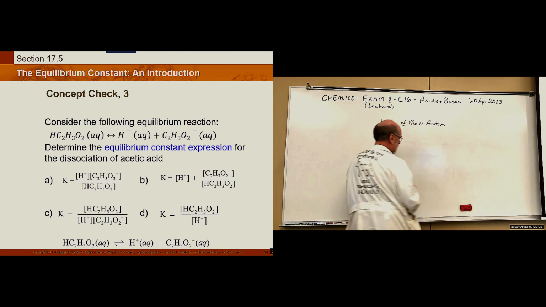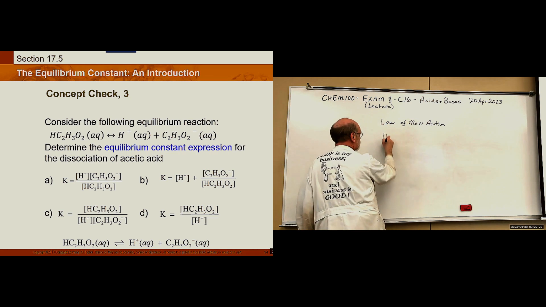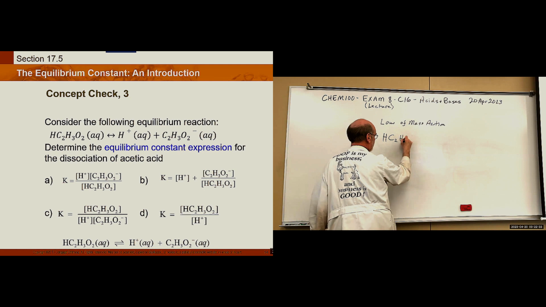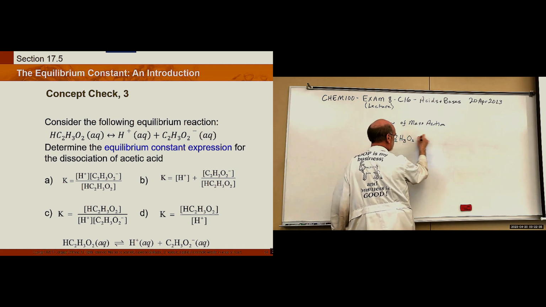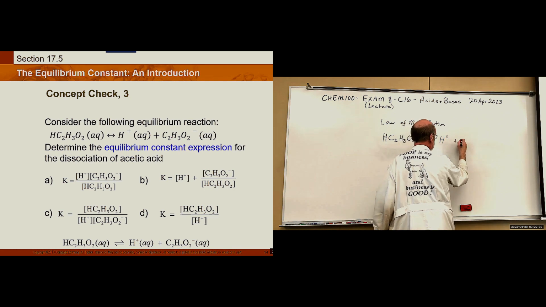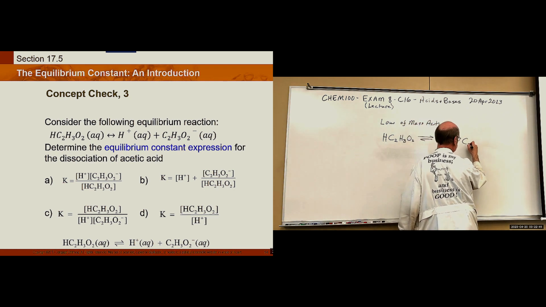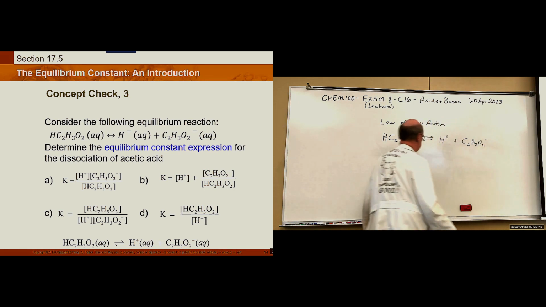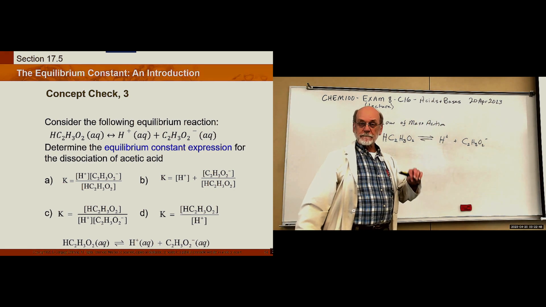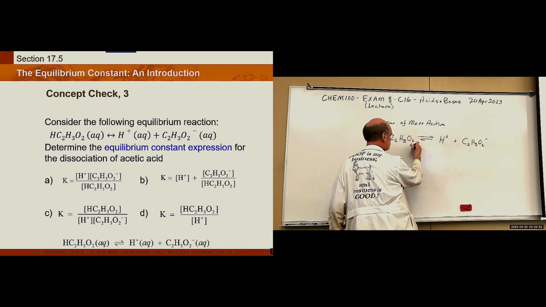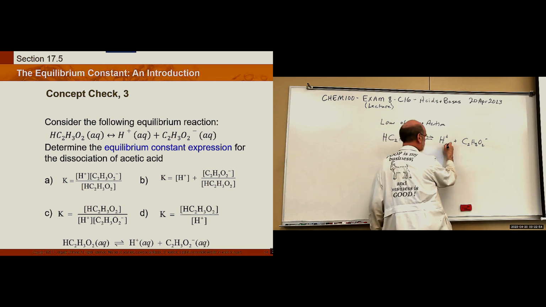All right, so let's write that up here as the acid is in equilibrium with that cation and this anion. Now, these are all in aqueous solution, dissolved in water.